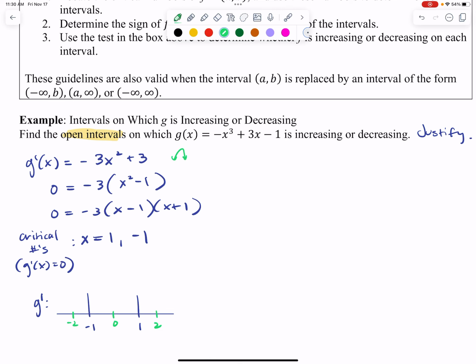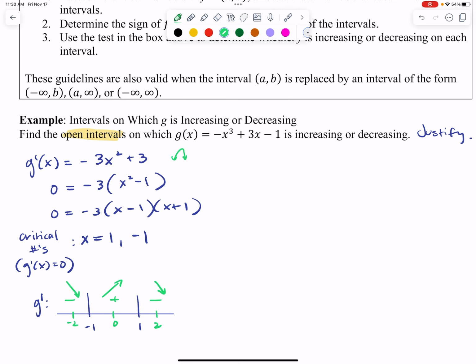Those critical numbers correspond to the x-intercepts of g prime. So I know the graph will go from negative to positive to negative. You are allowed to just think about plugging those values into g prime. And that's why I've labeled the analysis line as g prime. That's where I'm plugging in test values. So this tells me that the graph of g will go from decreasing to increasing to decreasing, right? Based on where g prime is negative, positive, negative, okay?